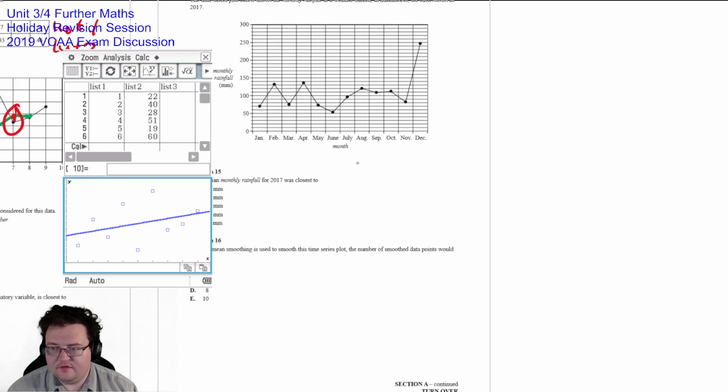What you are looking for is there are 12 data points, and you are looking for roughly 6 above, 6 below.